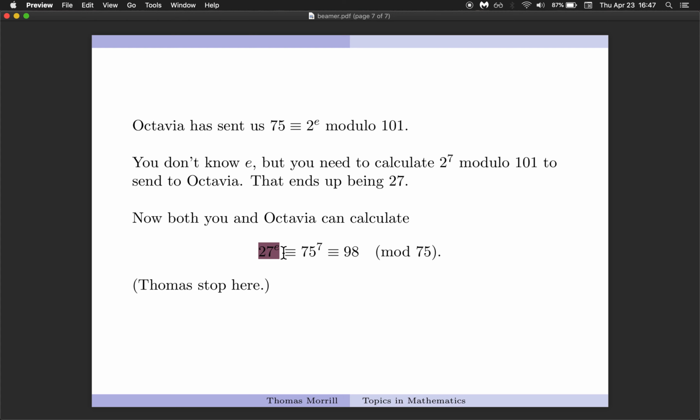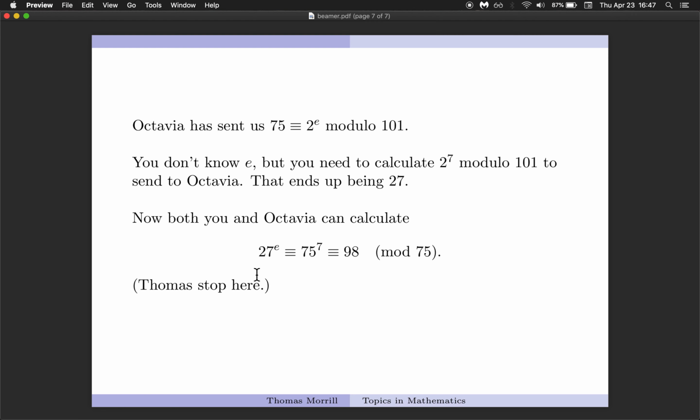On Octavia's end, she will take 27, which is the number you sent her, and raise it to the power of this exponent that we don't know. On our end, we'll take the 75 that Octavia sent us and raise it to the power 7, which we can do because we know our secret exponent is 7.